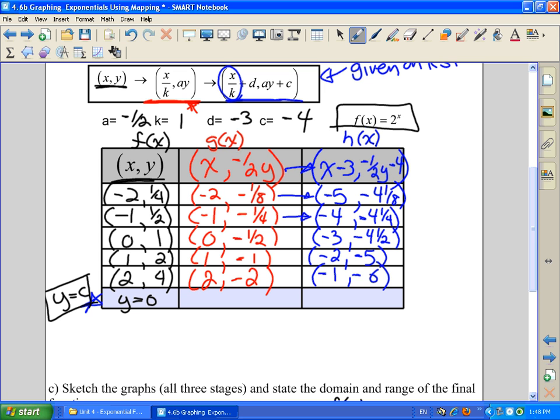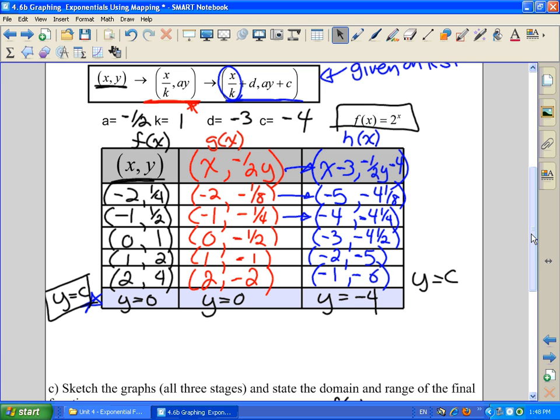If we go to stretch, compress, or reflect our function, it's still going to stay where it is. So in the second stage, y equals 0. But we've got to account in the third stage for, remember, it's y equals c. So our asymptote will actually shift down 4 because c is negative 4.